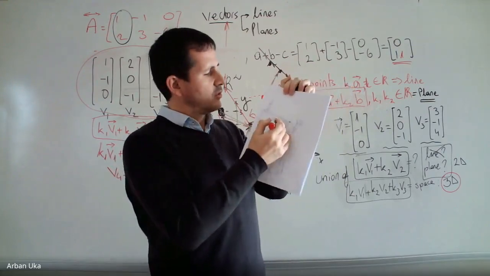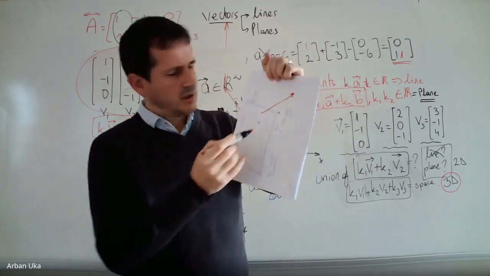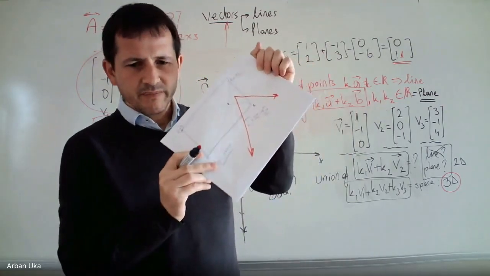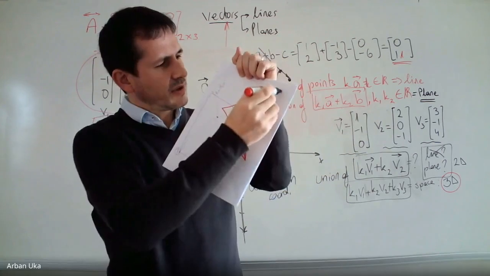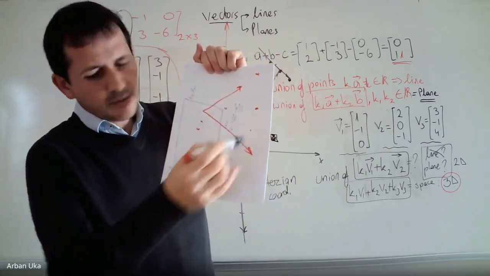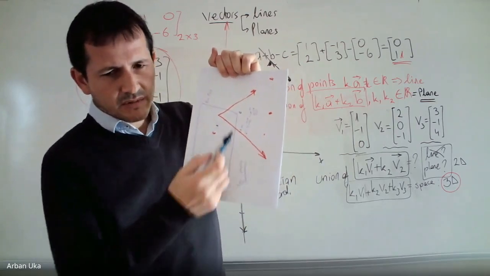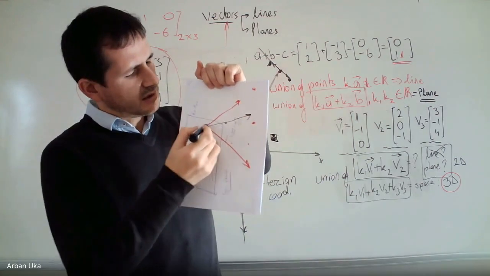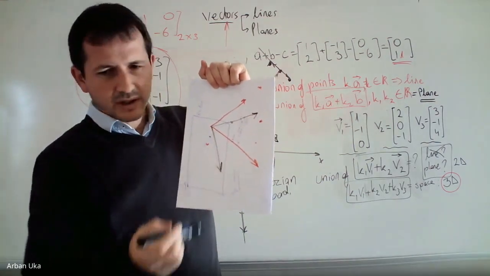Because you can draw a vector here, I'm just drawing here, and you can draw also another vector here. So these two vectors are enough to describe this point, this point, this point, and any point here. At the same time, we can also use these vectors in black, this and this, okay?